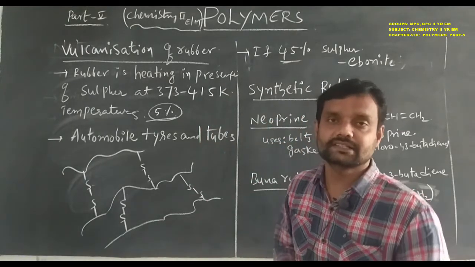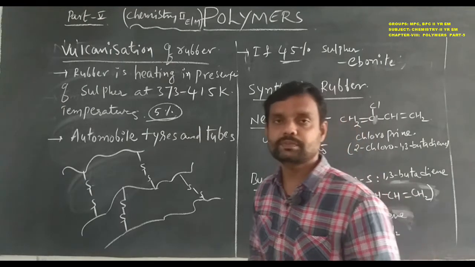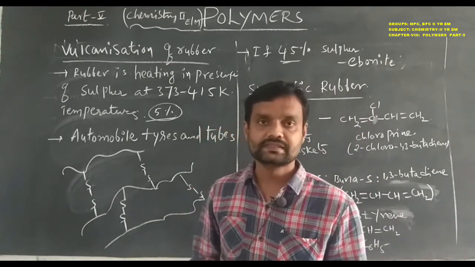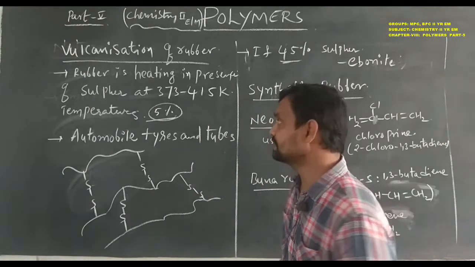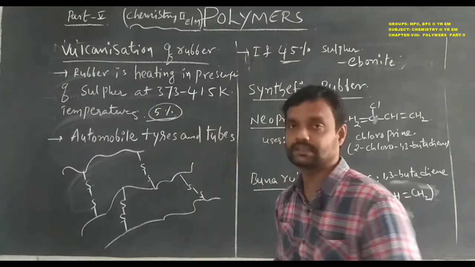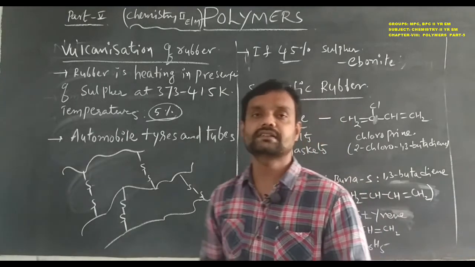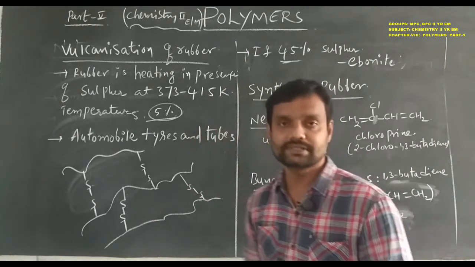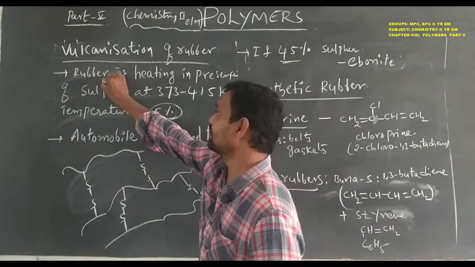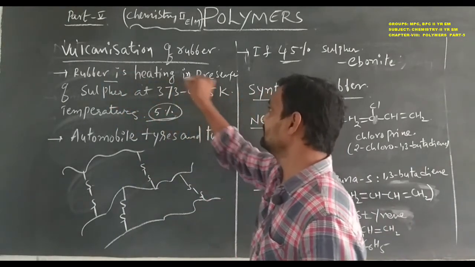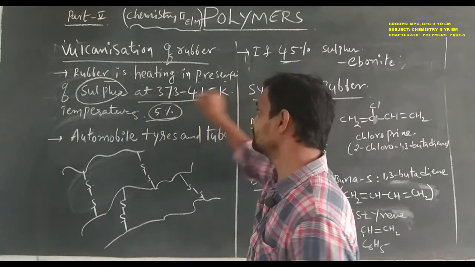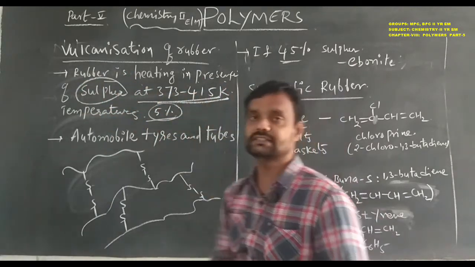What is meant by vulcanization of rubber? We add sulfur to the natural rubber at a temperature of 373 to 415 Kelvin. Vulcanization of rubber means the rubber is heated in presence of sulfur at 373 to 415 Kelvin.